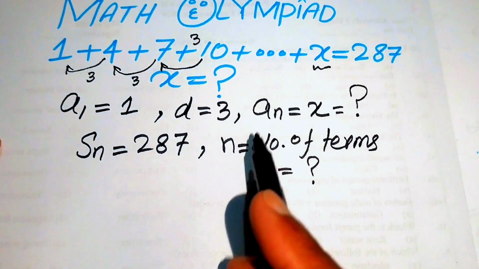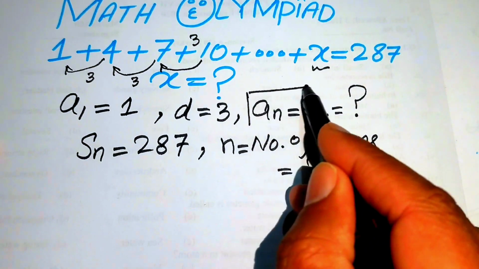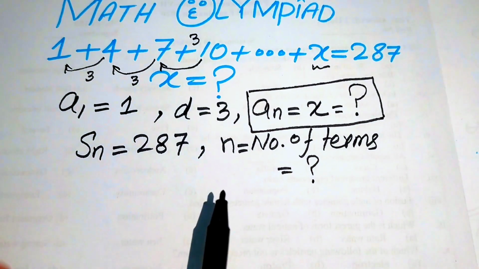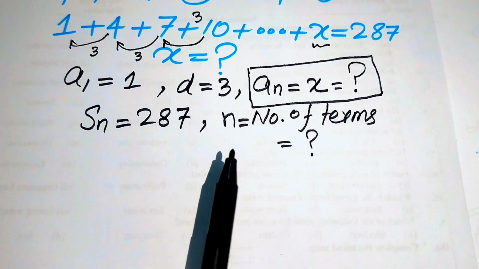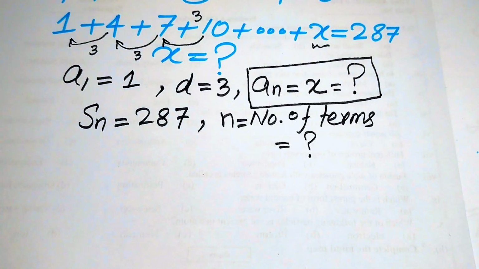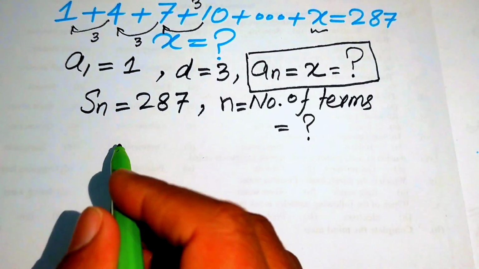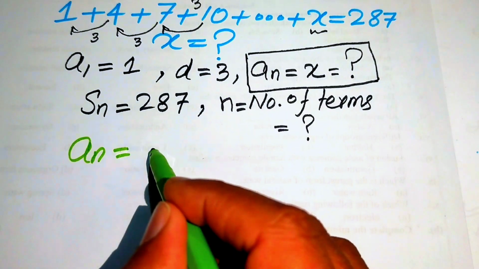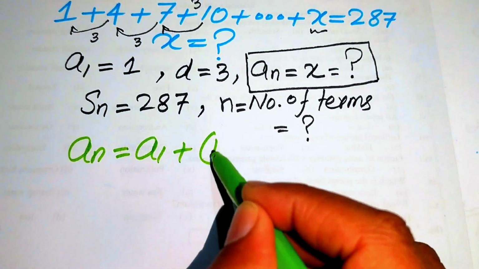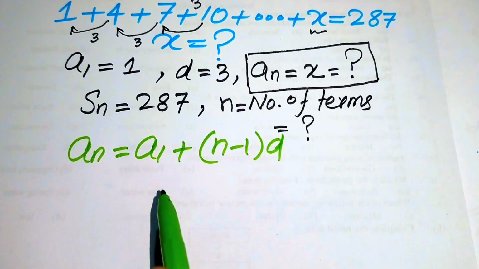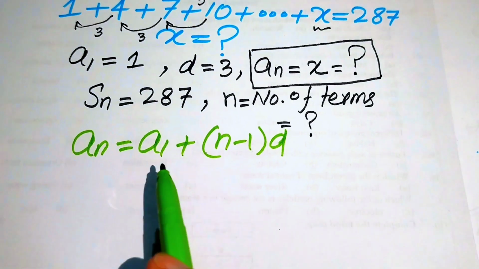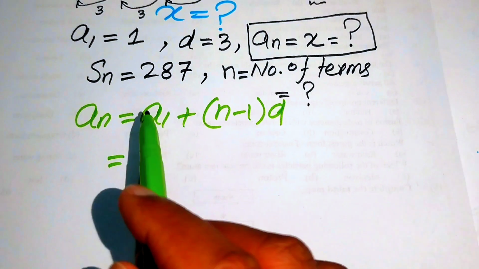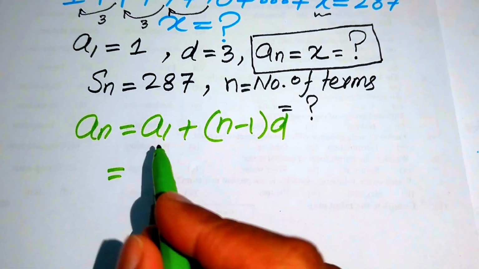So first you focus on this expression, and you know that an is called the nth term, and we know how we find the nth term of a series or a sequence. The formula of the nth term of the sequence is a1 plus n minus 1 into d. So here the first term of the series is a1, and a1 equals 1.